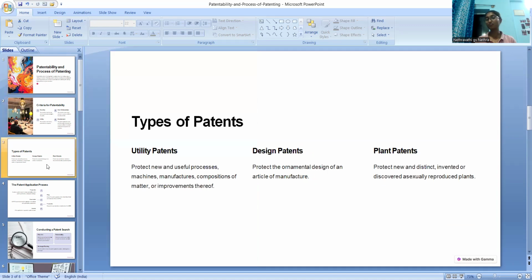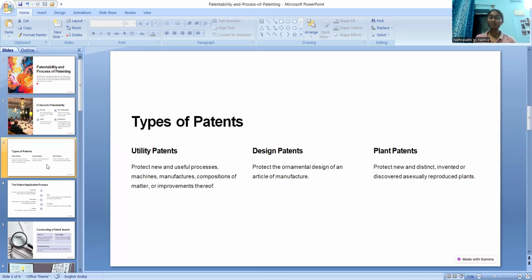Next comes the types of patents. There are majorly three types of patents: utility patents, design patents and plant patents. Here the utility patent protects new and useful processes, machines and manufactures, compositions of matter or improvements thereof. This is the utility patent.